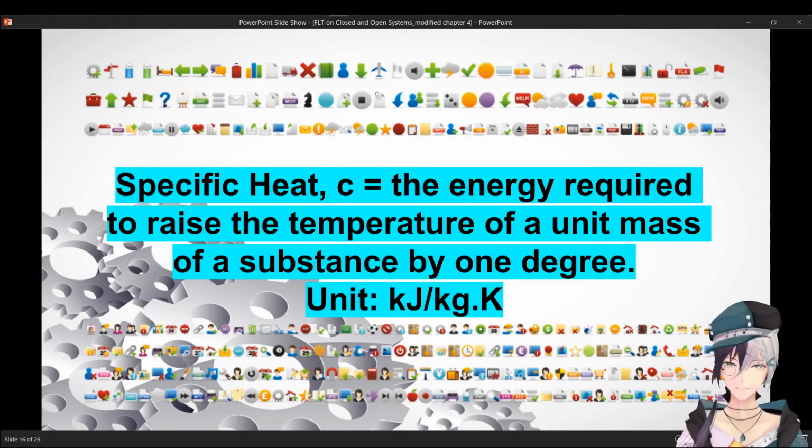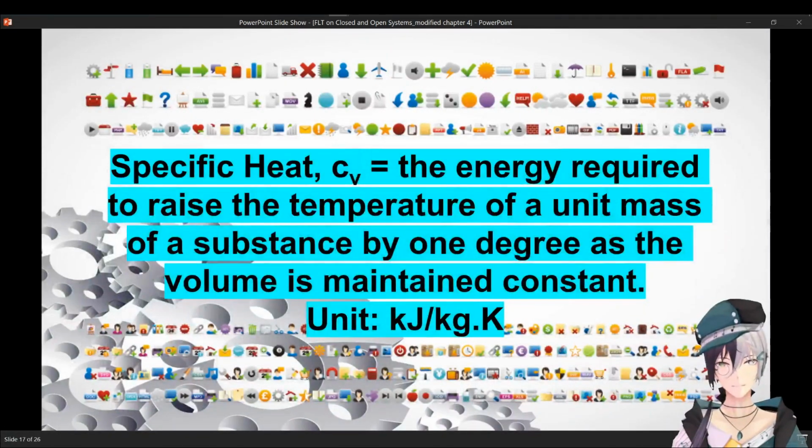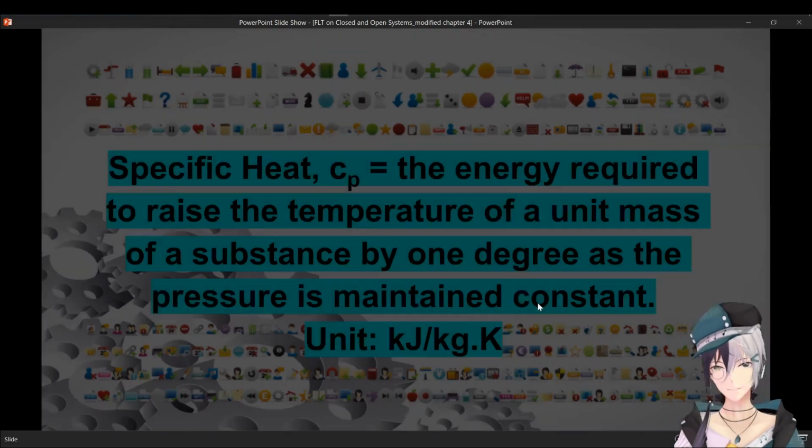Specific heat C is the energy required to raise the temperature of a unit mass of a substance by 1 degree. For the specific heat at constant volume, it is the same definition, except that we maintain the volume to be constant: the energy required to raise the temperature of a unit mass of a substance by 1 degree as the volume is maintained constant.